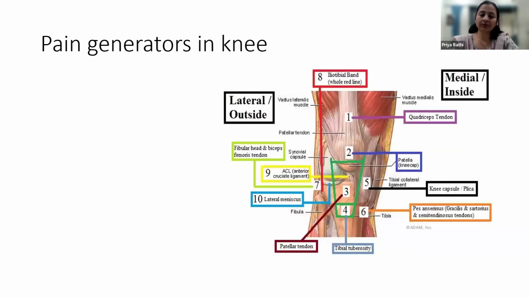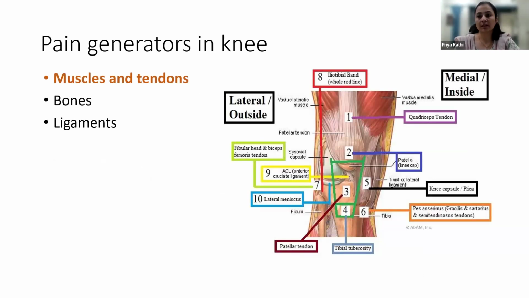So now to understand this case, we need to see what are the pain generators in the knee joint. First and foremost would be muscles and tendons, then bones, ligaments, menisci, and bursae. Why have I highlighted muscles and tendons? Because muscles and tendons themselves can act as pain generators, and whenever bones, ligaments, menisci, or bursae are affected, it is also going to get reflected on the muscles and tendons.